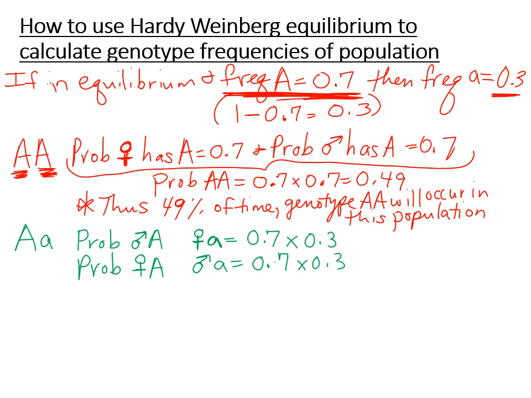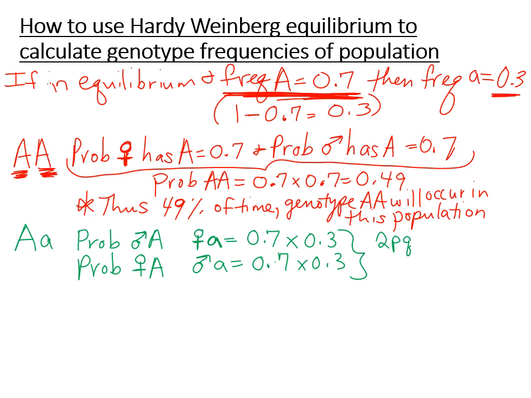And that's why in the equation that we saw earlier, it's the same as saying 2pq: 2 times the dominant allele times the recessive allele. Okay, so 2 times the dominant, which is 0.7, times the recessive, which is 0.3.